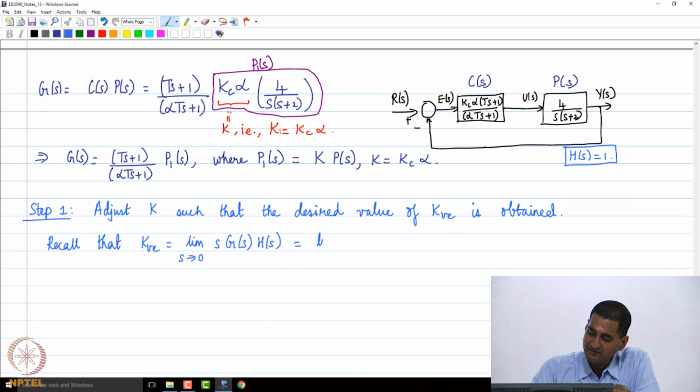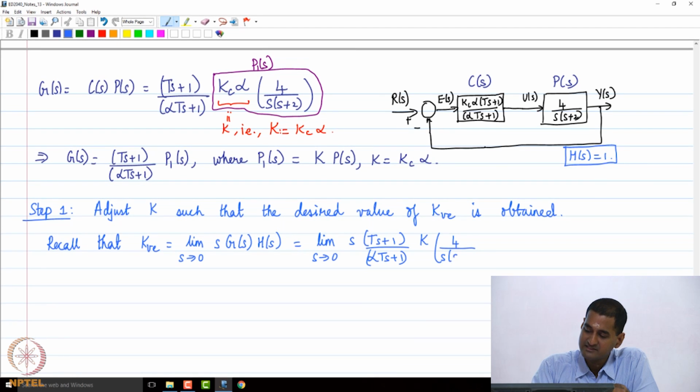So, what will we have? We will have limit s tending to 0 of s times G of s, which is going to be (Ts plus 1) divided by (alpha Ts plus 1) times k times 4 divided by s times (s plus 2).